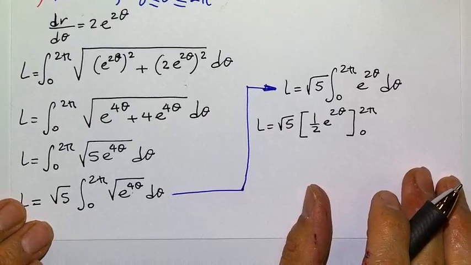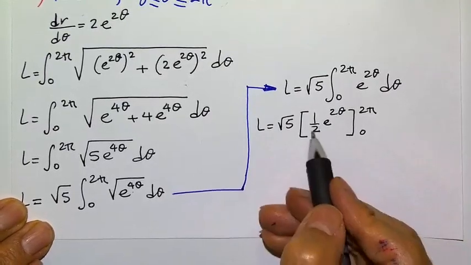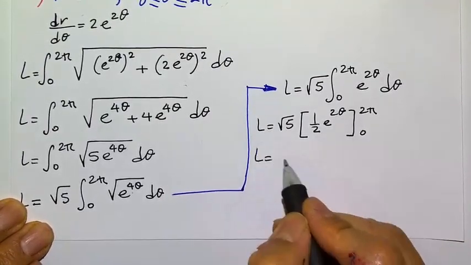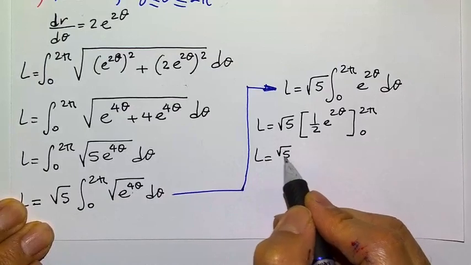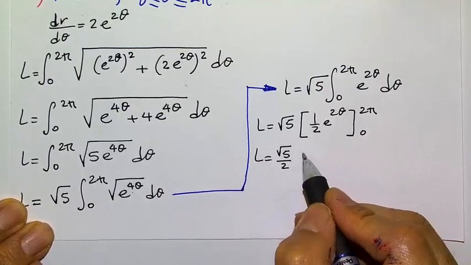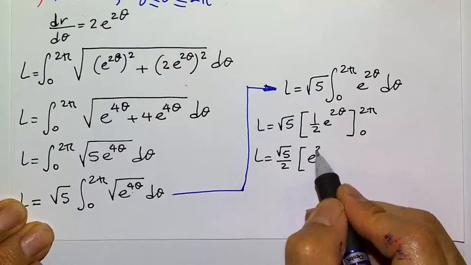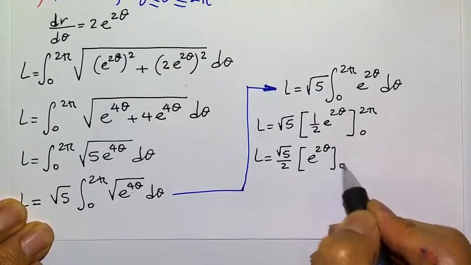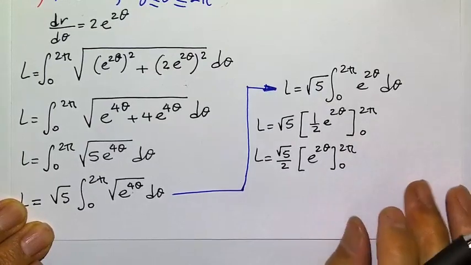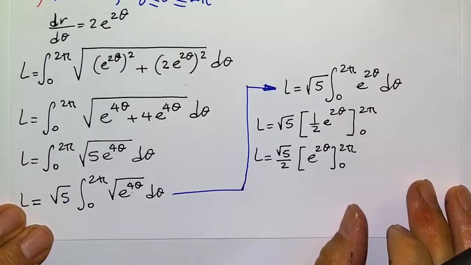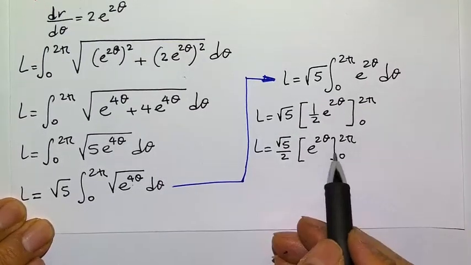Okay. We can just pull this out too. We can just write square root of 5 over 2 times e to the 2 theta from 0 to 2 pi.